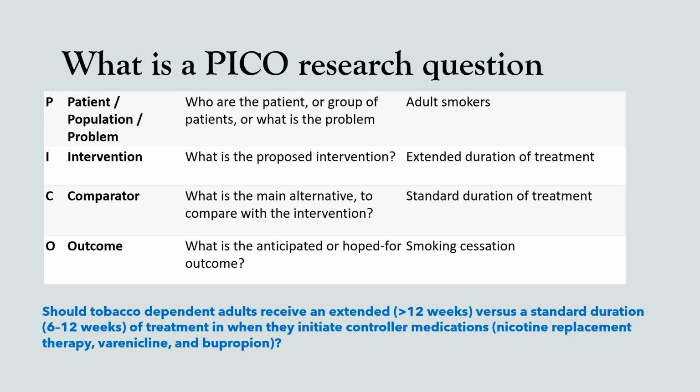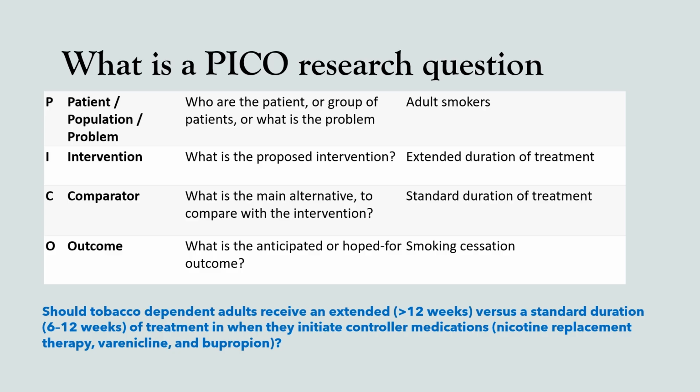I, the intervention under consideration, is an extended duration of treatment with controller medications, including nicotine replacement therapy, varenicline, and bupropion. The comparator, the C, in this example is the standard duration of treatment with the same controller medications.